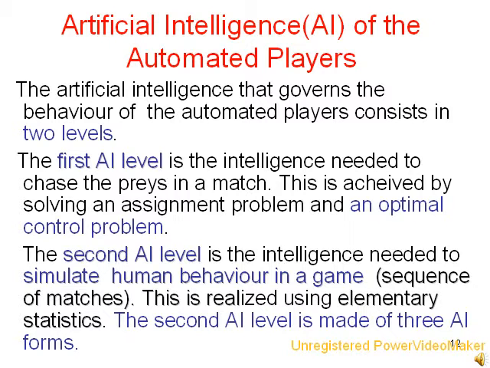The second artificial intelligence level is the intelligence needed to simulate human behavior in a game, a sequence of matches. This is realized using elementary statistics. The second artificial intelligence level is made of three artificial intelligence forms.